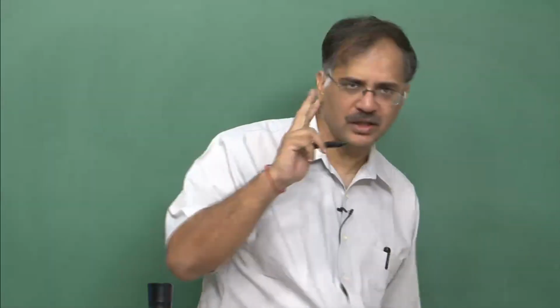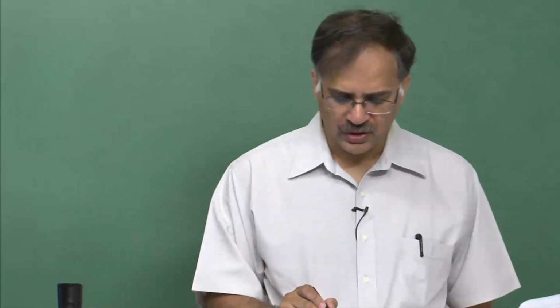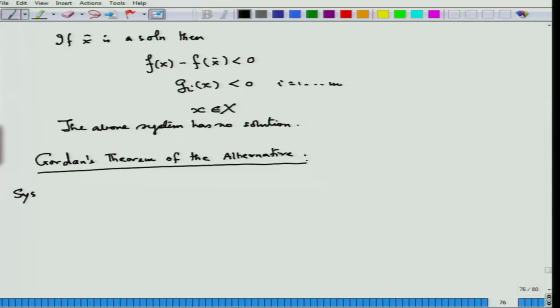What is the theorem of the alternative? The term alternative means there are at least two things. So, there will be two systems, system 1 of equalities and inequalities. What does system 1 say?